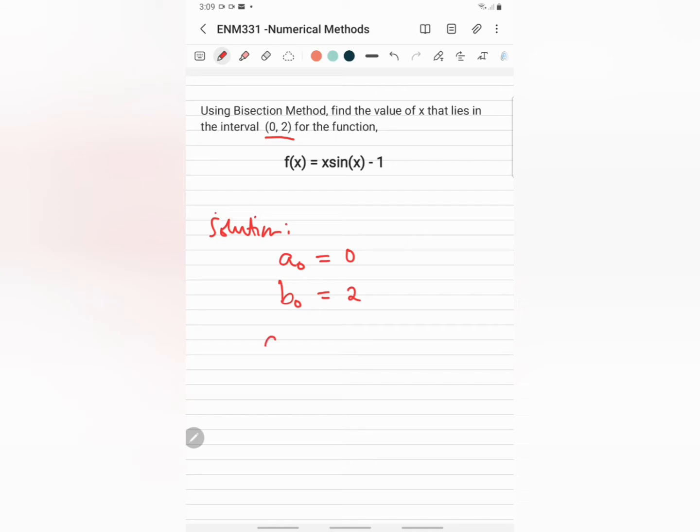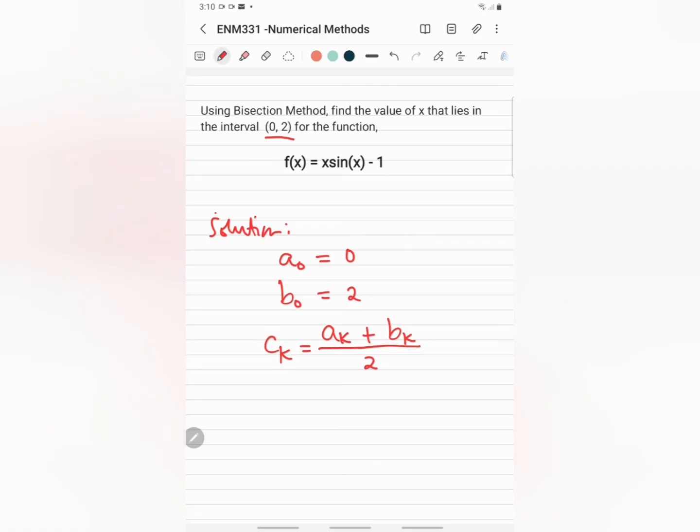In the iterations, for the midpoint ck, we let k be the number of iteration. ck can be determined by adding the left endpoint ak plus the right endpoint bk divided by 2.